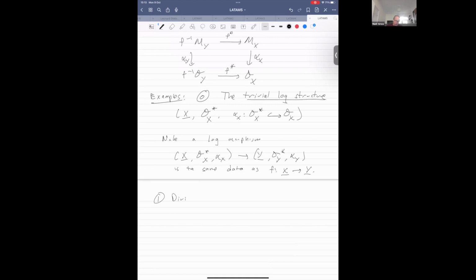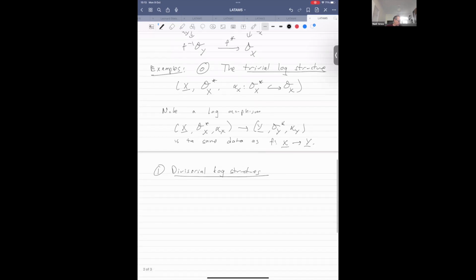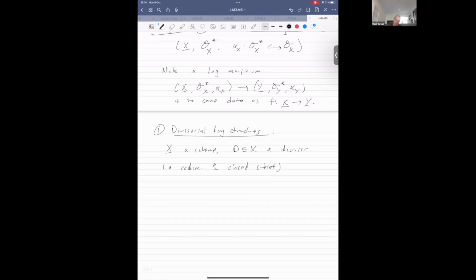The most important case for us is divisorial log structures. So we take X a scheme, and we take D contained in X a divisor, by which I mean a codimension one closed subset. We'll just define it by hand.